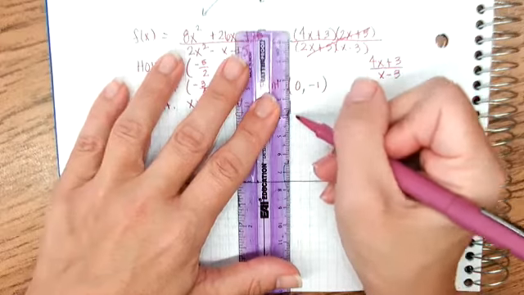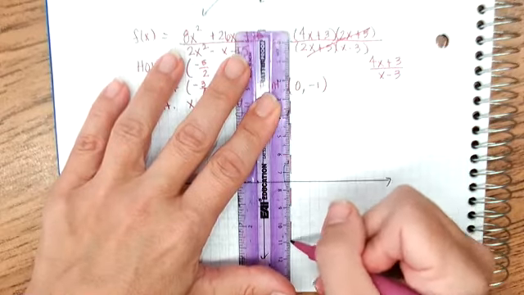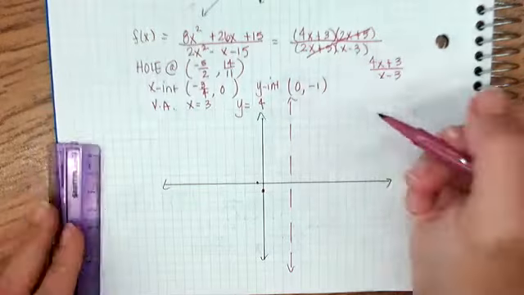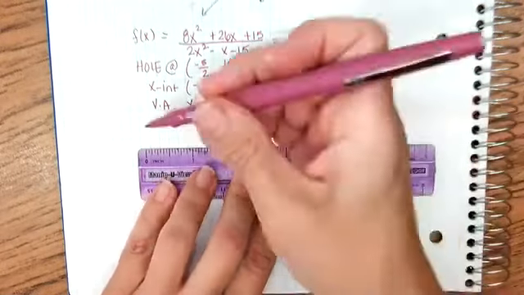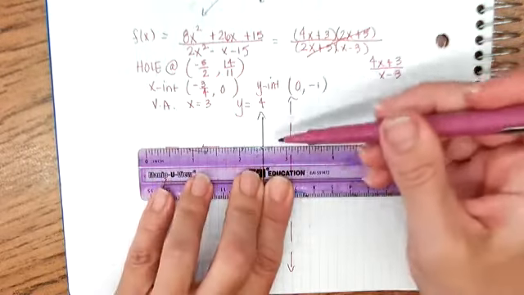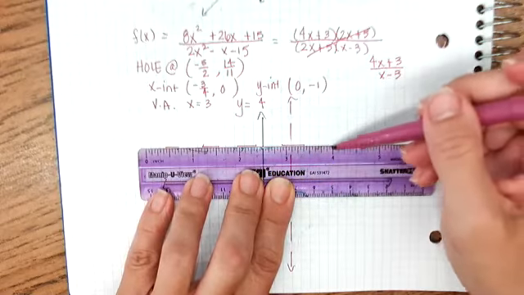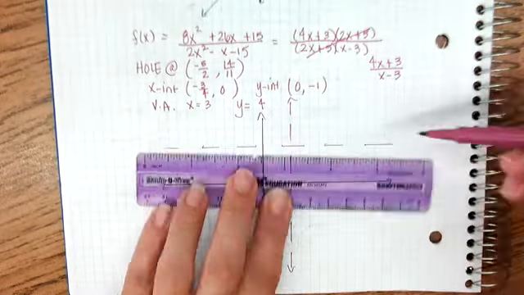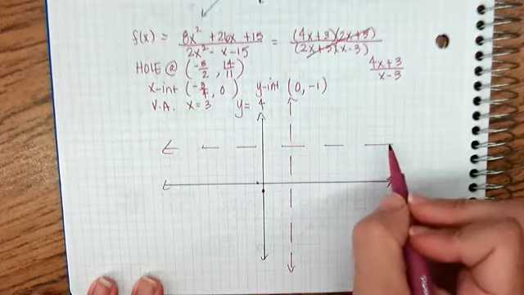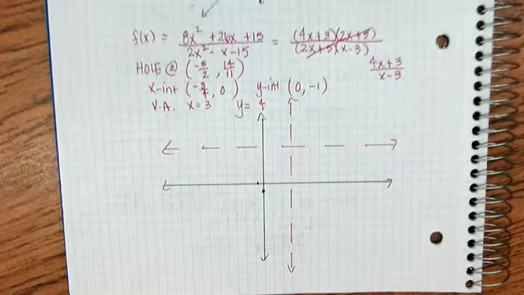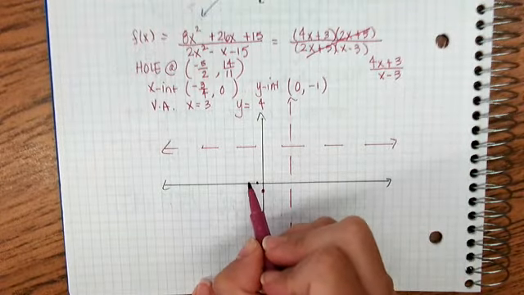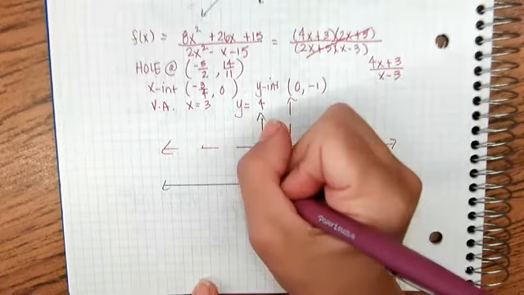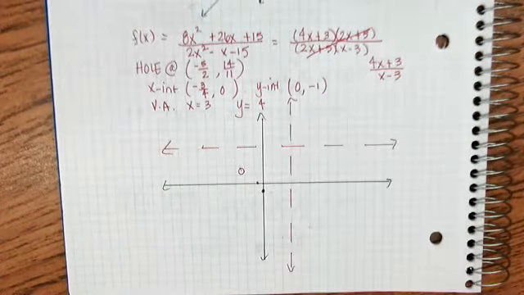For your homework, make sure all graphs go on graph paper. There's never an exception to that all year. Y equals 4. My hole is at (-5/2, 14/11). 14/11 is like here somewhere, and I actually made it a hole this time.